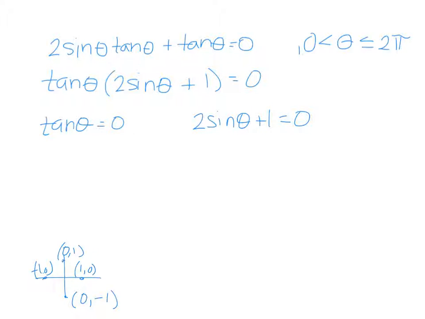So if we're looking for where tangent is equal to 0, we're basically looking for where sine is equal to 0. And sine is equal to 0 at 0 and at pi. And at 2 pi, actually we don't want to include the 0 if you look at the restriction on the domain. So from this one we'll get theta is equal to pi and 2 pi.